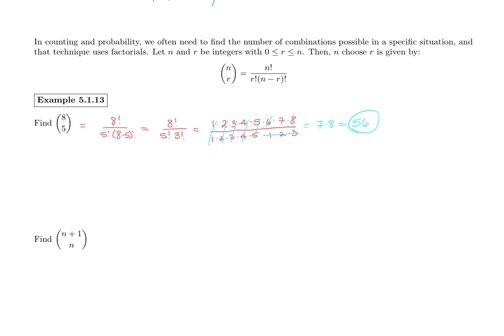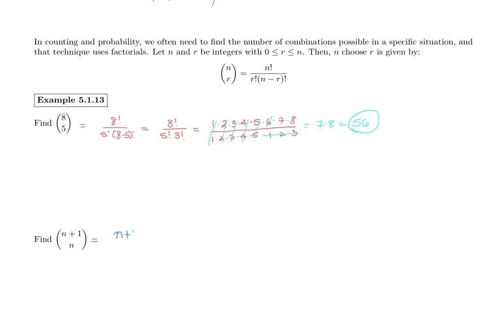So let's try, like we did before, we did n plus 1 factorial over n factorial. Now let's try finding n plus 1 choose n. 5 choose 4, 10 choose 9, right? How many ways are there to choose one fewer object than the set holds? Well, let's see.